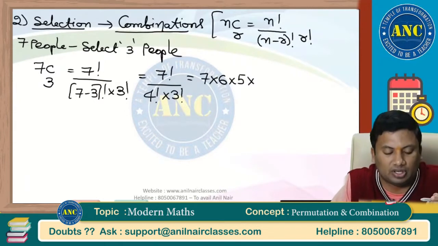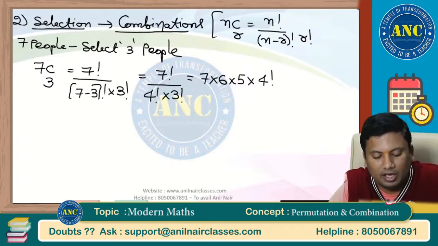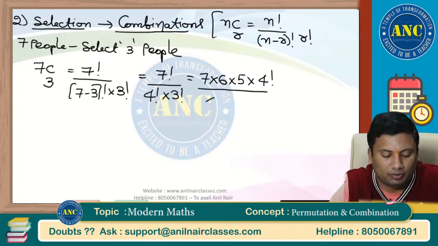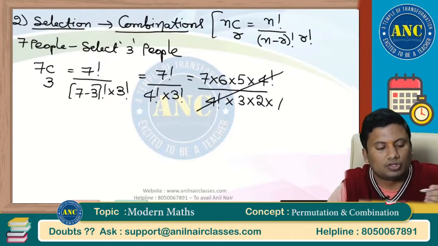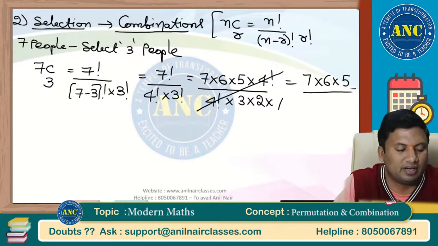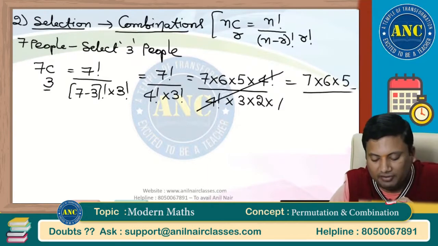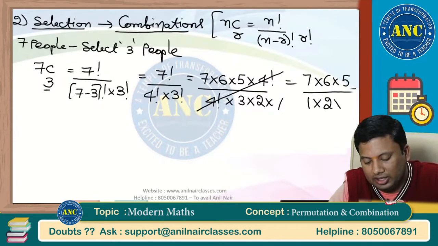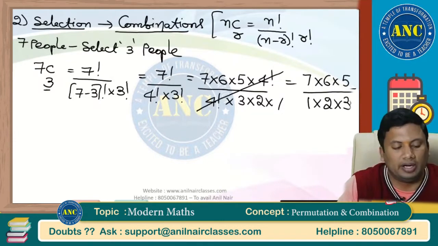That is the definition of a factorial. 7 into 6 into 5 into 4 factorial by 4 factorial into 3 into 2 into 1. So for 7C3, start from 7 and write down 3 consecutive numbers in decreasing order, then divide by, start from 1, write down 3 consecutive in increasing order: 1 into 2 into 3.